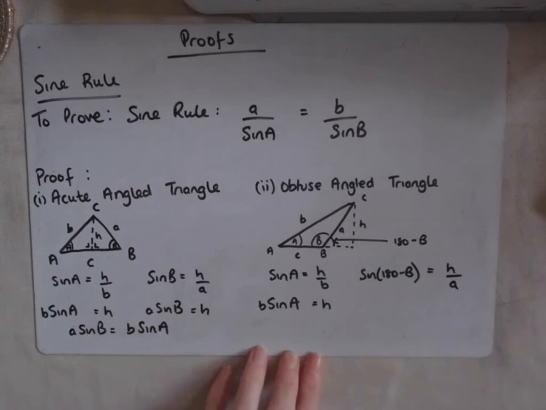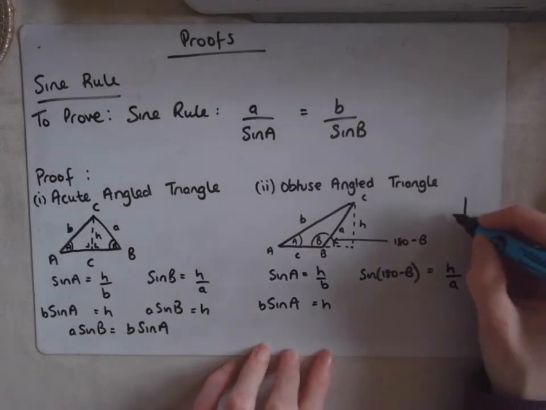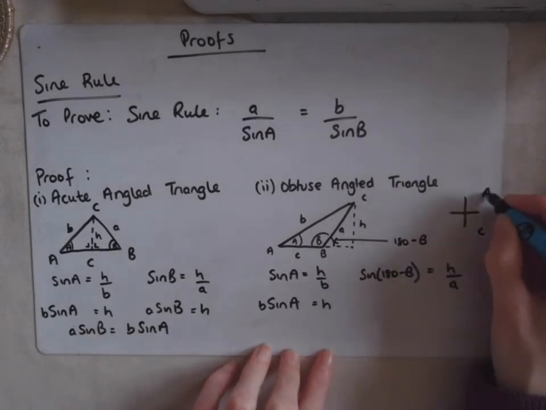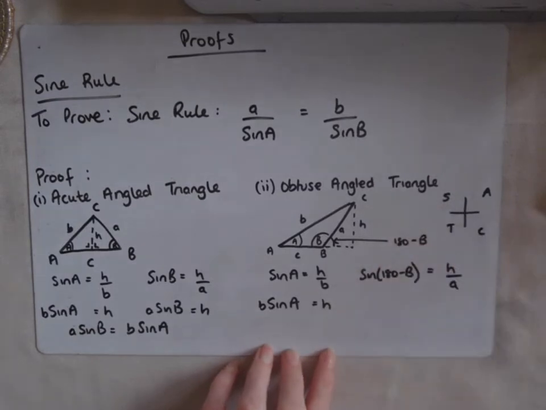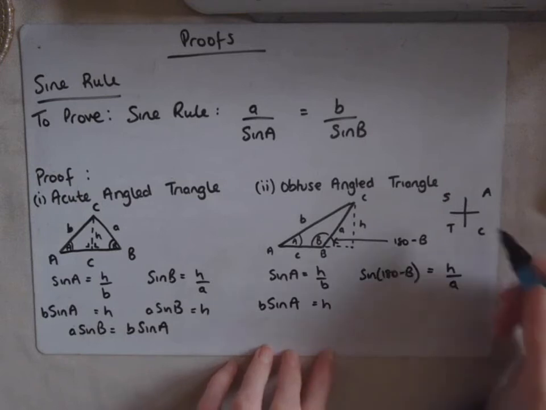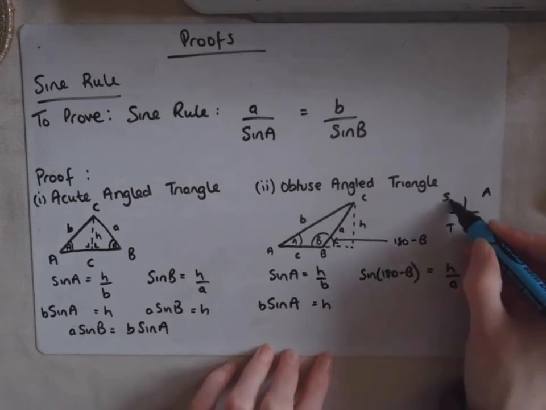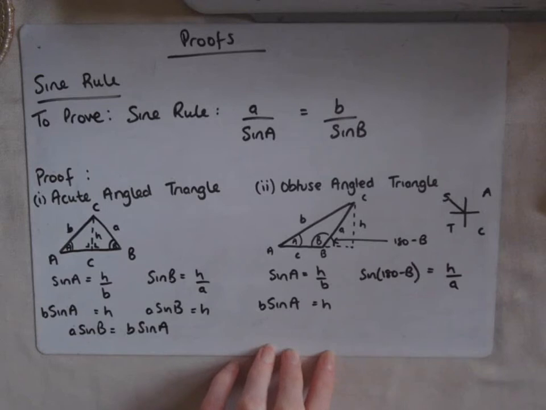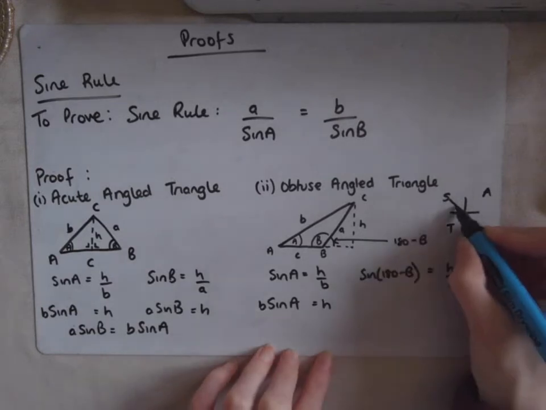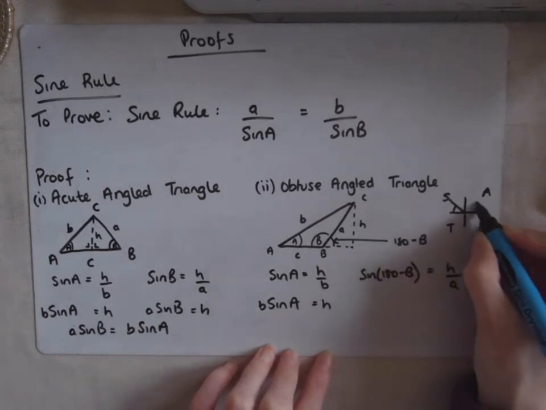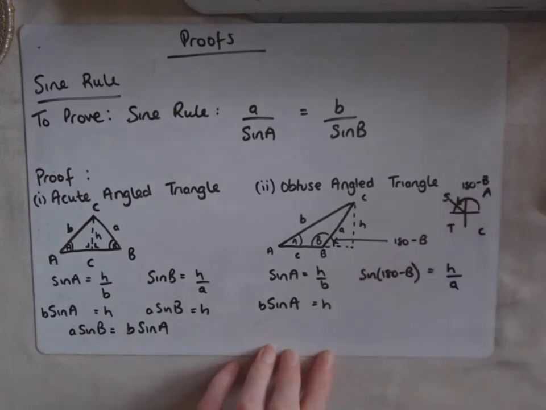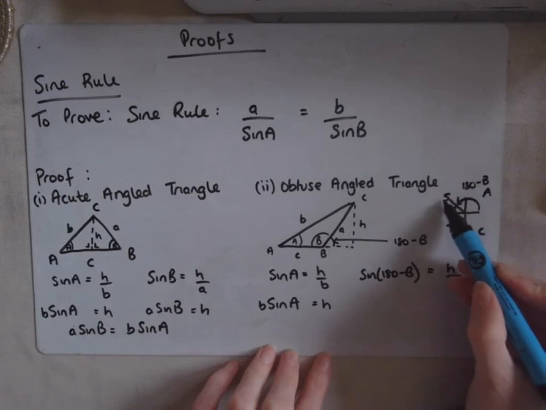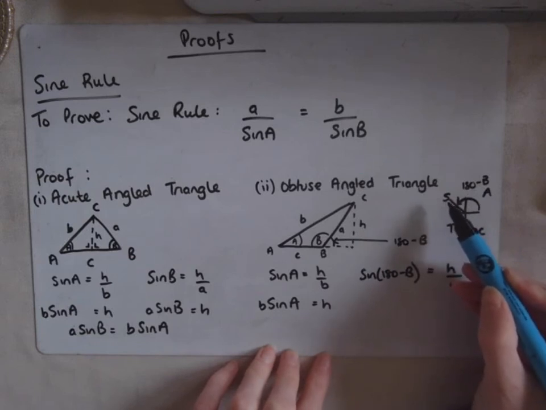Now, let's remember this. 180 minus B is going to be in here. This would be your B, this bit would be your 180 minus B. In this quadrant over here, sine is positive.